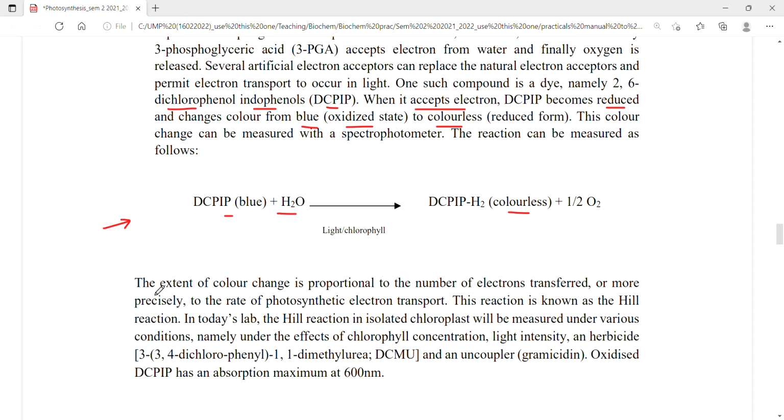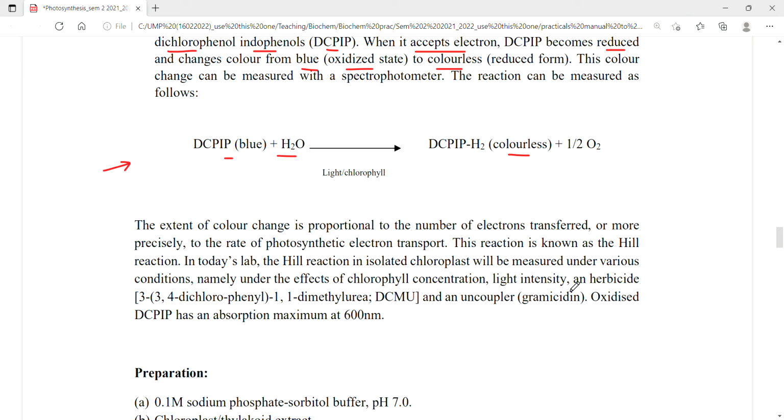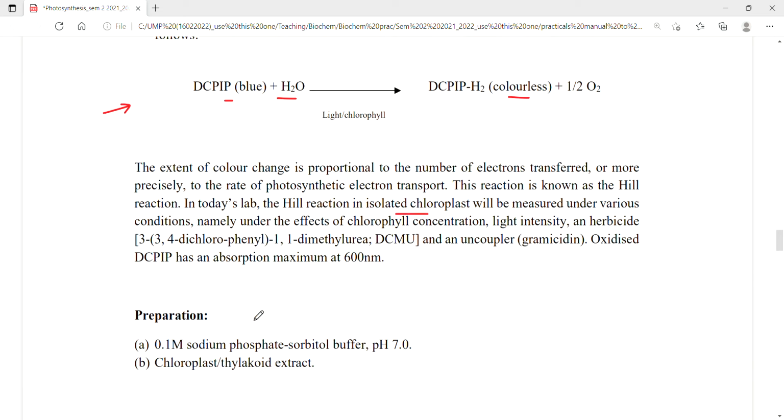Right. So we can use this Hill reaction with the isolated chloroplast, and study whether increasing the concentration has any effect on the reaction rate, whether light has any effect on photosynthesis, and whether the herbicide DCMU as well as gramicidin, either on their own or combined, have any effect on the DCPIP reaction rate.